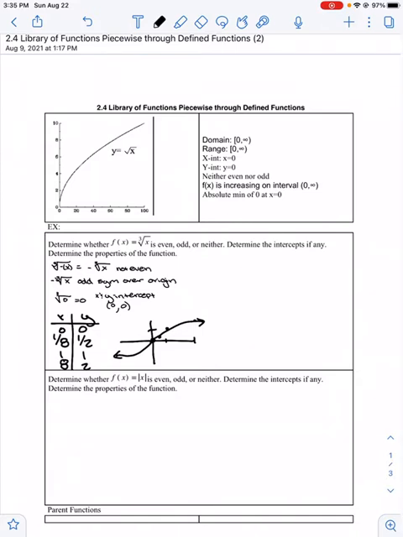And then the properties, so this is increasing, the whole graph is increasing from negative infinity to infinity, and then there's no local max or min.